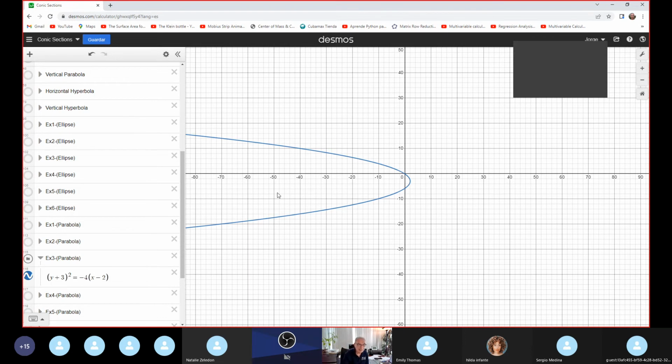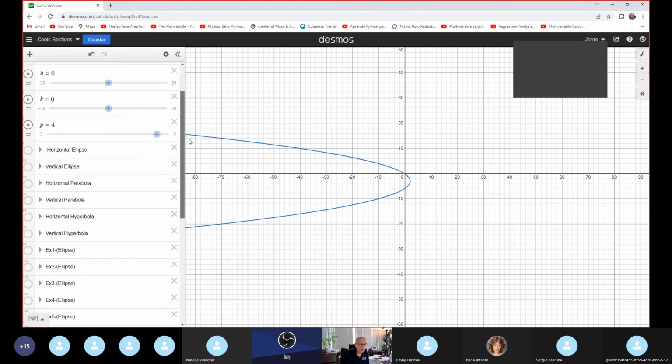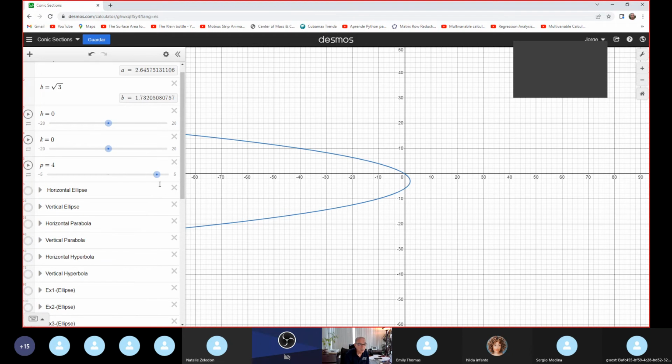Now P is -1. H is 2, positive. And K is -3, negative.